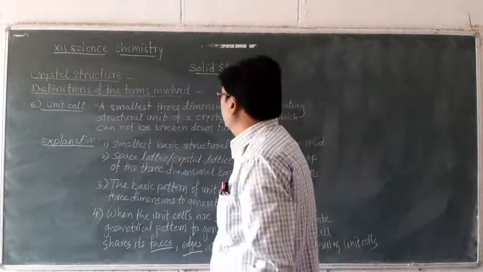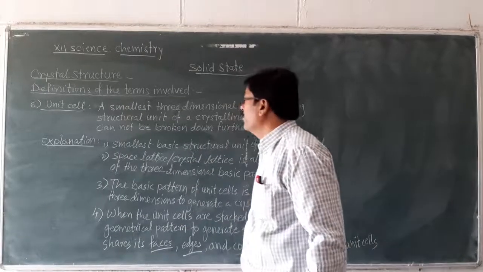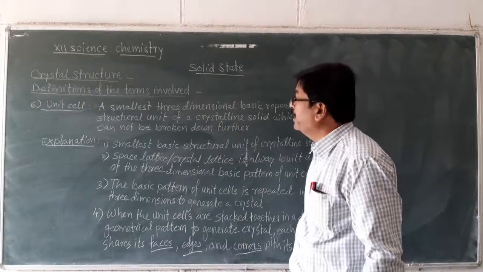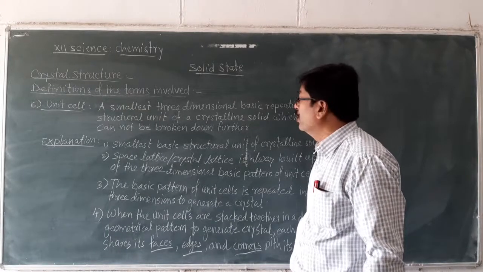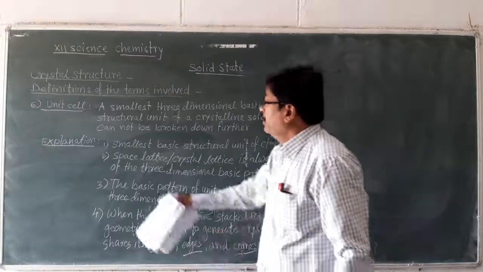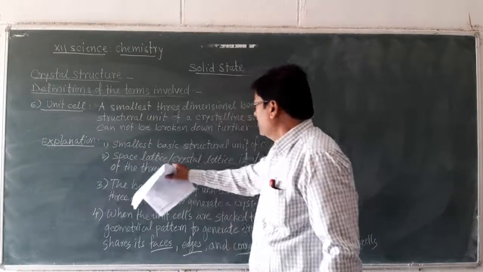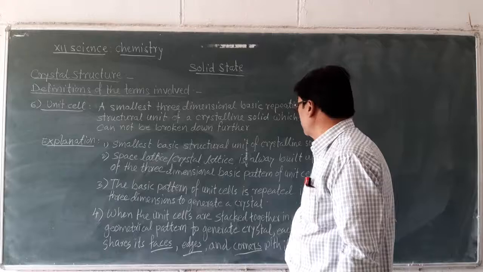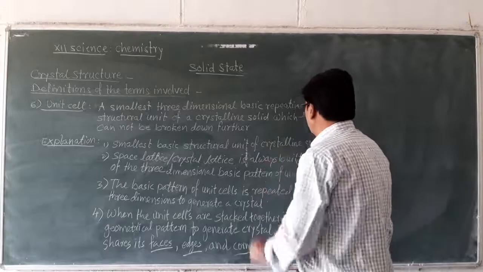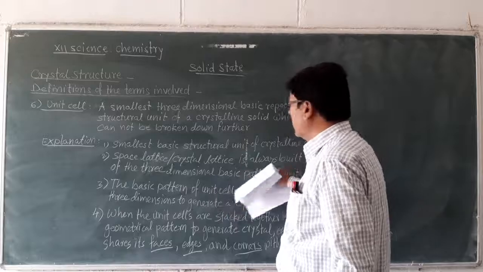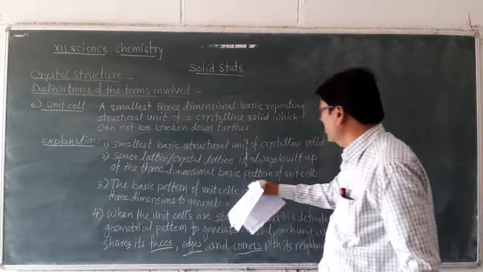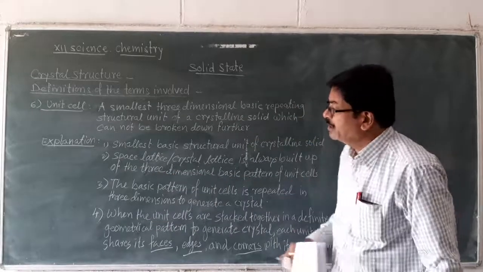Unit cell is the smallest three-dimensional structural basic unit of any crystalline solid which cannot be broken down further. Space lattice or crystal lattice is always built up of a three-dimensional basic pattern of unit cells.